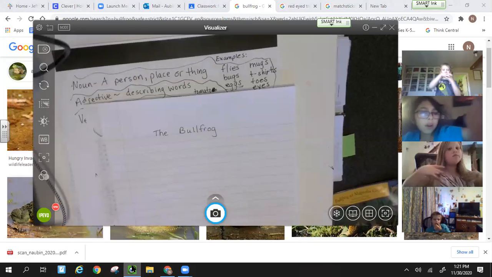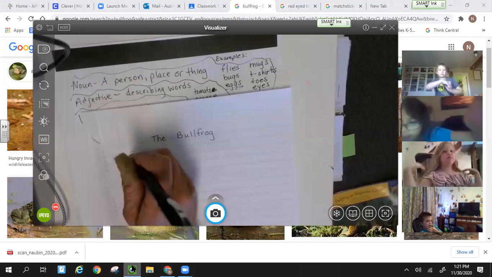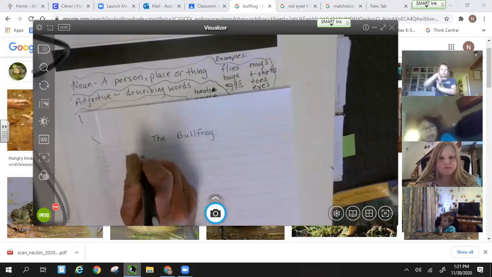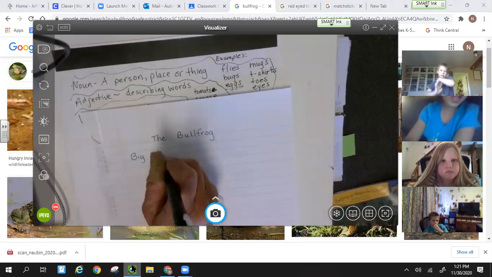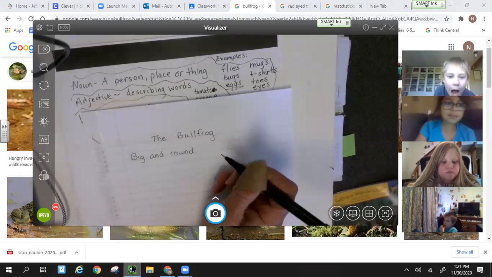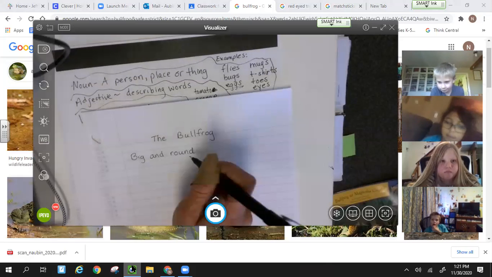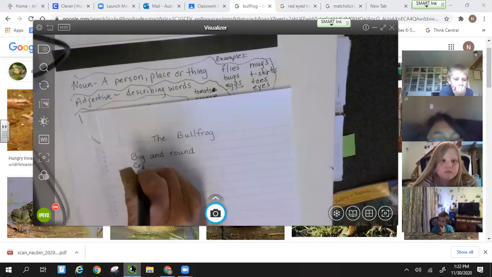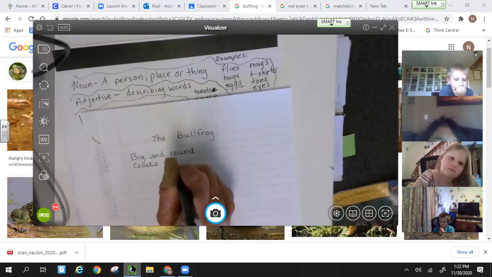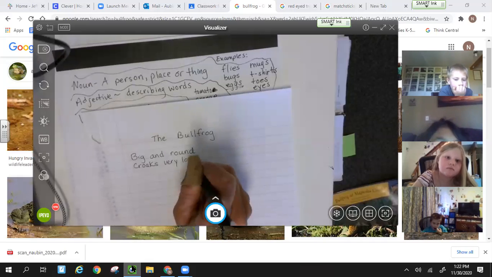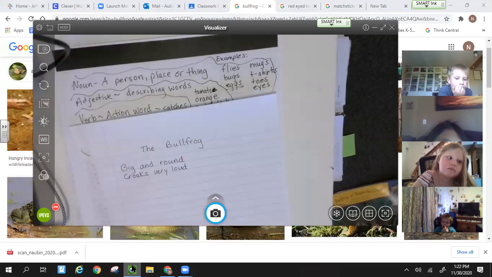I think I'm going to say big and round, like Lila said, because we needed to describe what it looks like. Big and round, croaks very loud. It's not perfect, but it's close. Loud, round, so we'll go for it. That'll be our first stanza.